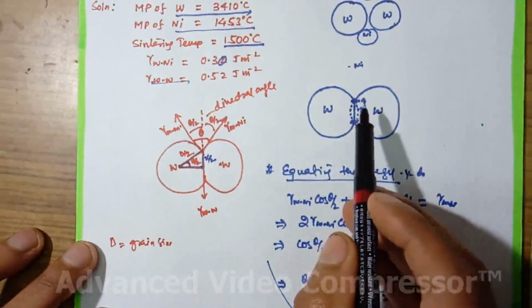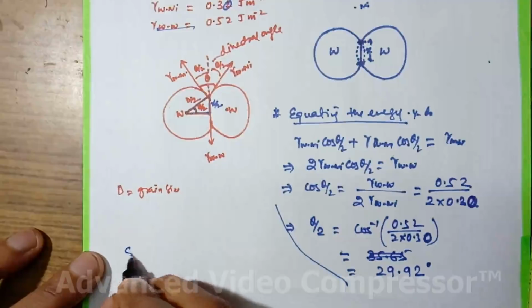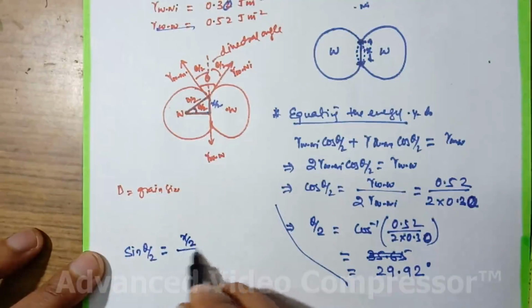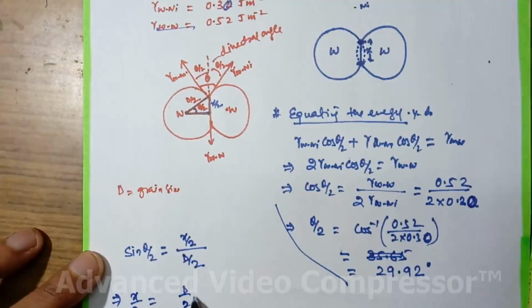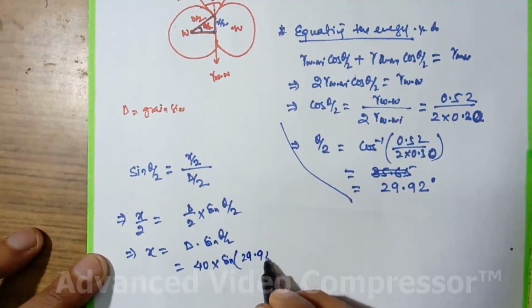So here we'll use the formula sine theta by 2 is equal to p by h, so x by 2 divided by d by 2. This implies x by 2 is equal to d by 2 into sine theta by 2. This implies x is equal to d into sine theta by 2. So d is how much? 40 micrometer, and sine theta by 2 is sine 29.92.